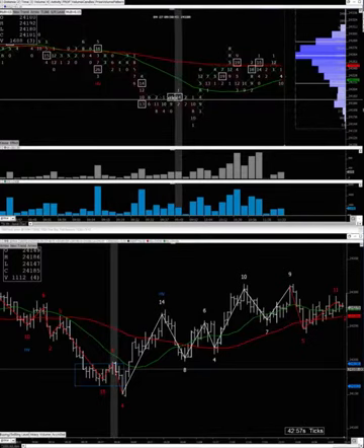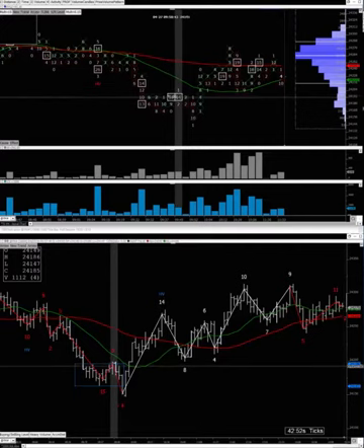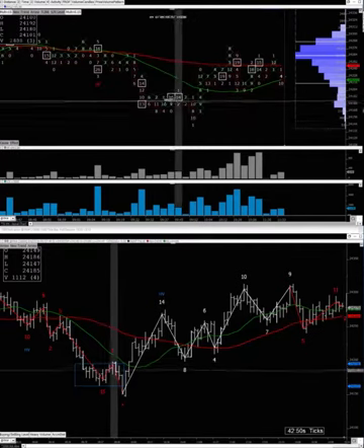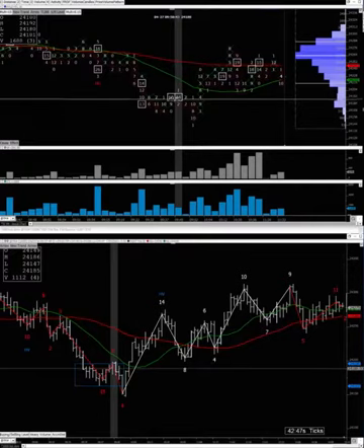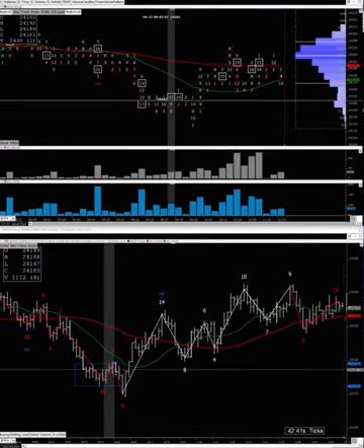It goes to the next one, heavy volume, and these are on the up waves, but we also notice that these up waves are very small.